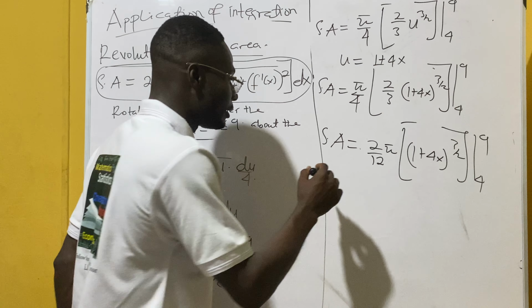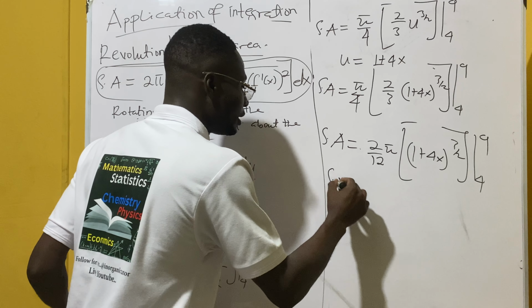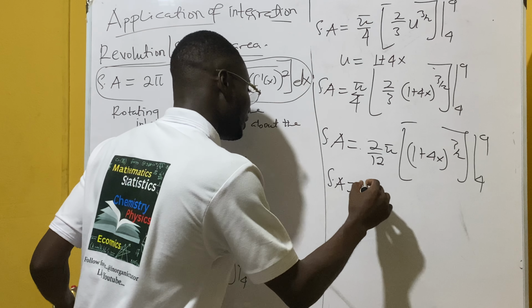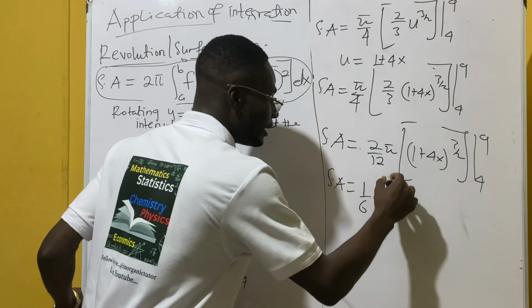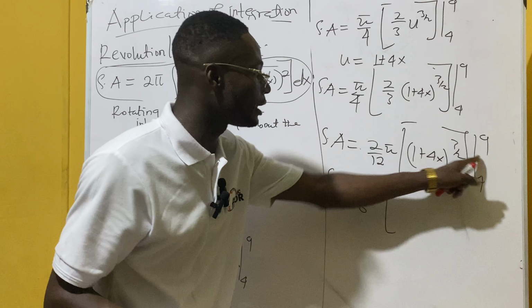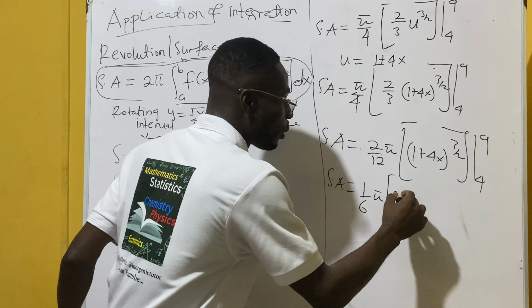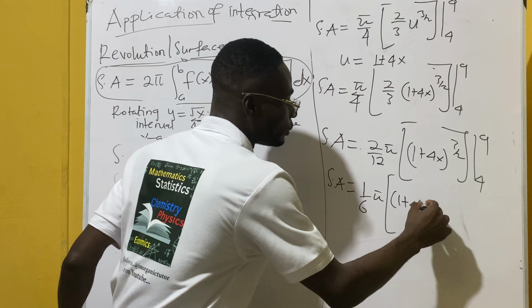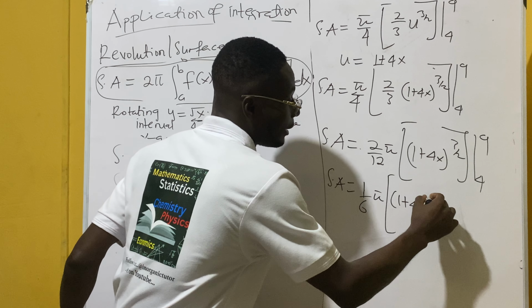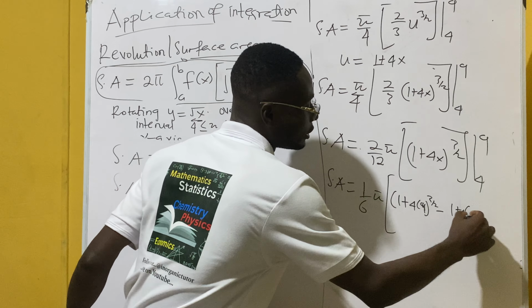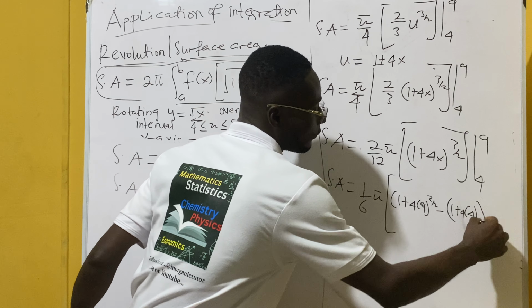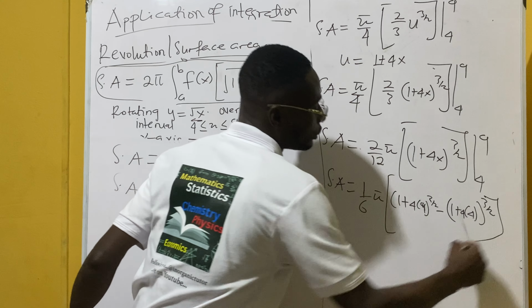Okay, so when you do the necessary substitution, this is basically 1 on 6 pi into, when you put 9 here, we're going to have 1 plus 4 into 9, all power 3 on 2 minus 1 plus 4 into 4, all power 3 on 2, right?